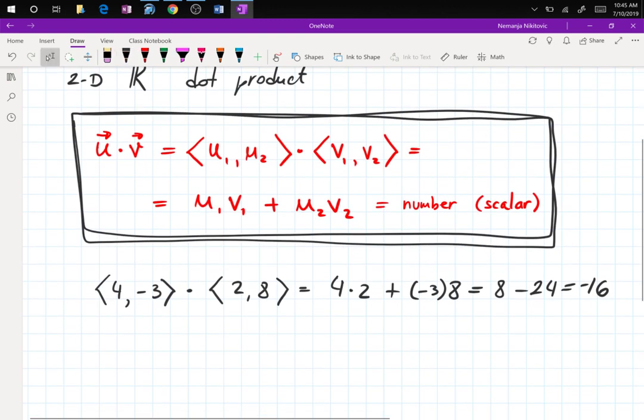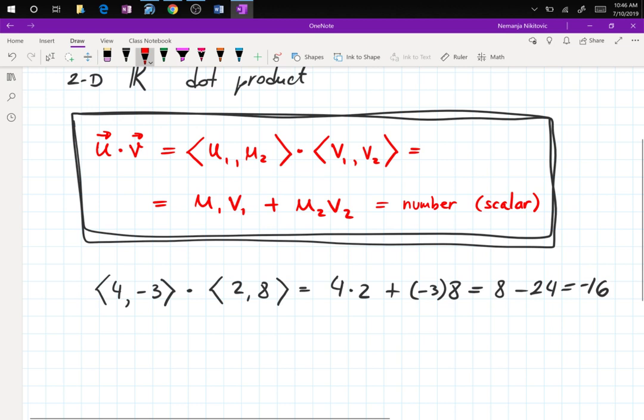So the dot product is the way to multiply two-dimensional, three-dimensional, or whatever dimensions you have. To multiply vectors, and the answer is going to be a scalar quantity on the other end. Now, to define the dot product, the official definition is actually doubling as the formula to calculate angle between two vectors.